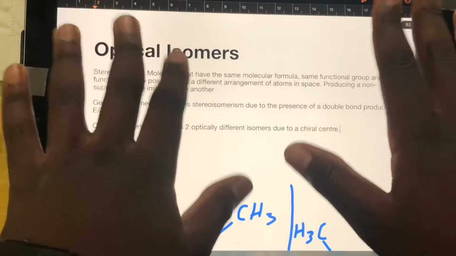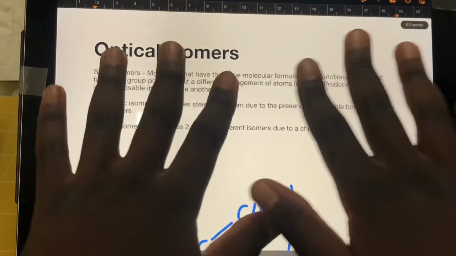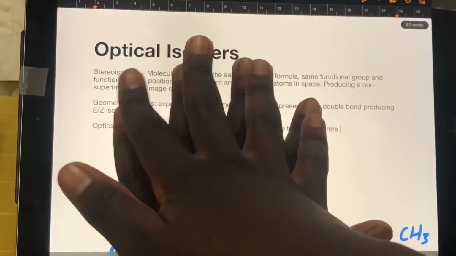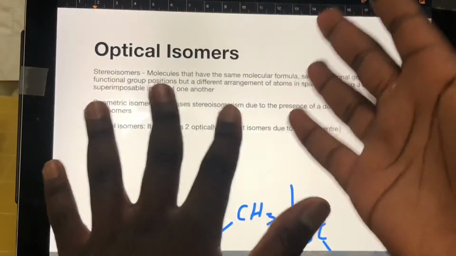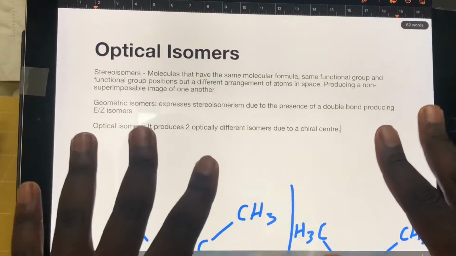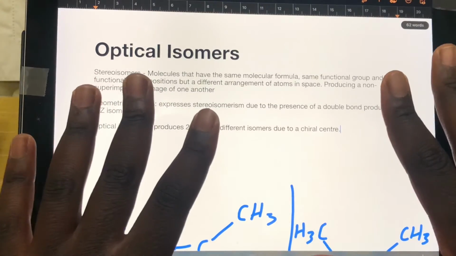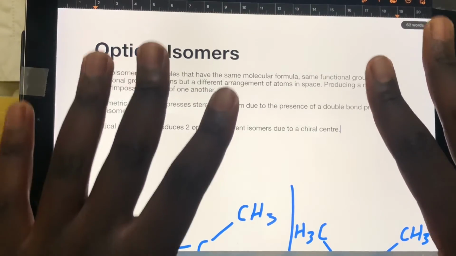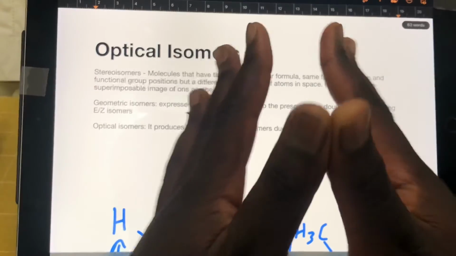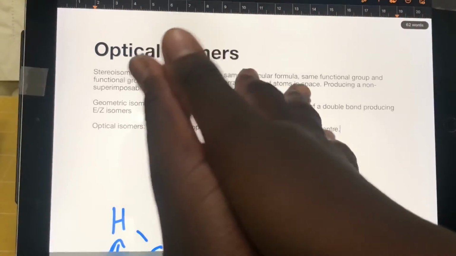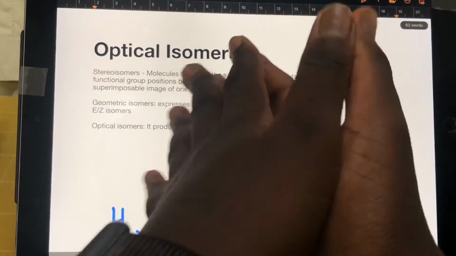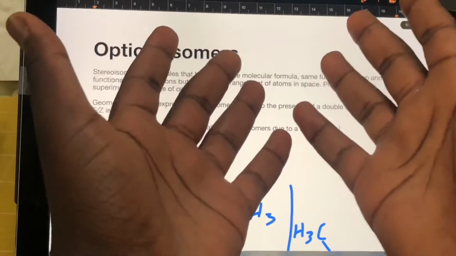So these thumbs here and the rest of my fingers, they're not the same. I can't twist it in such a way that a right hand will become a left hand. So they're mirror images of one another, but they will never match up. So that's pretty much what it is.